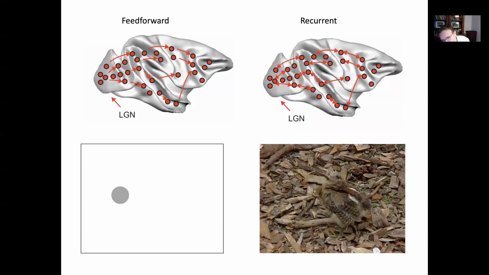But this is not the case for tasks in which you first have to do figure ground. So if you only present the stimulus quickly, you see there are stuff, but you don't perceive the bird. For conscious perception of the bird, you actually also need these recurrent interactions to reach back all the way to primary visual cortex.